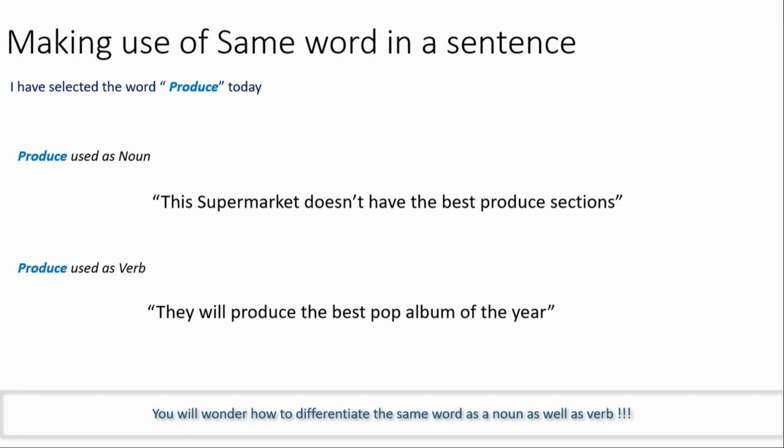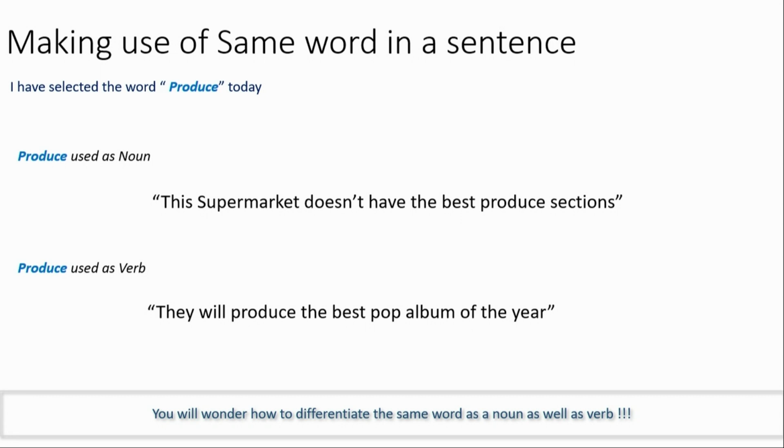This supermarket doesn't have the best produce section. Now, produce is used here as a noun. The same word can be used as a verb also. They'll produce the best pop album of the year.